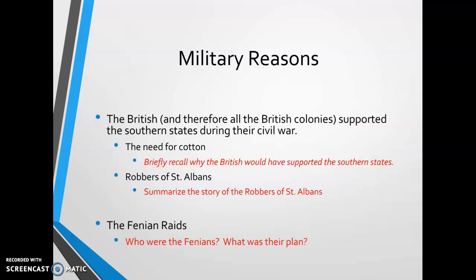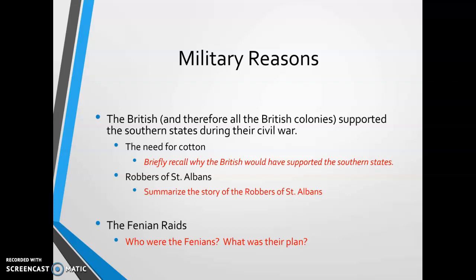The British, therefore all the British colonies, had supported the southern states during the Civil War, which is kind of weird. They didn't support slavery, they'd abolished it, but they still supported the southern states. Why? Because they needed cotton. Remember all those sheep that were the reason that the Scottish people had been kicked out of Scotland?